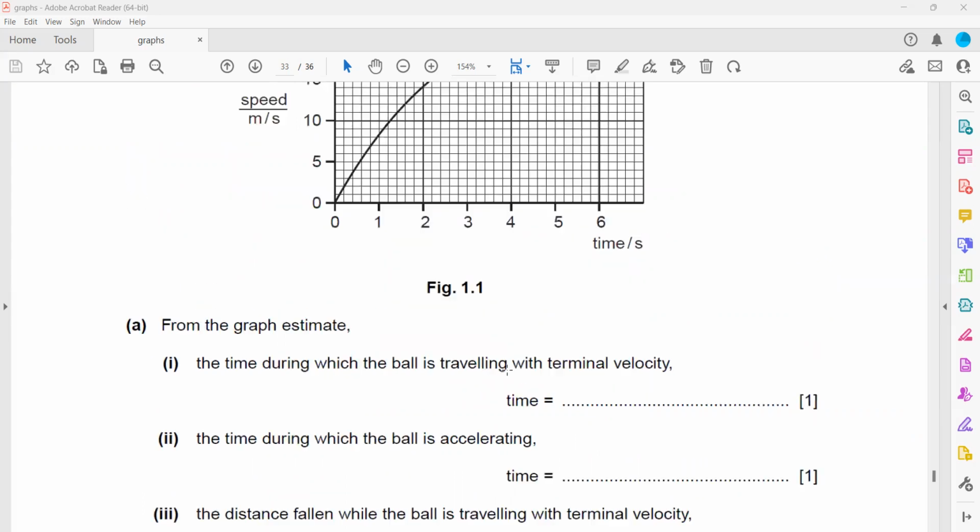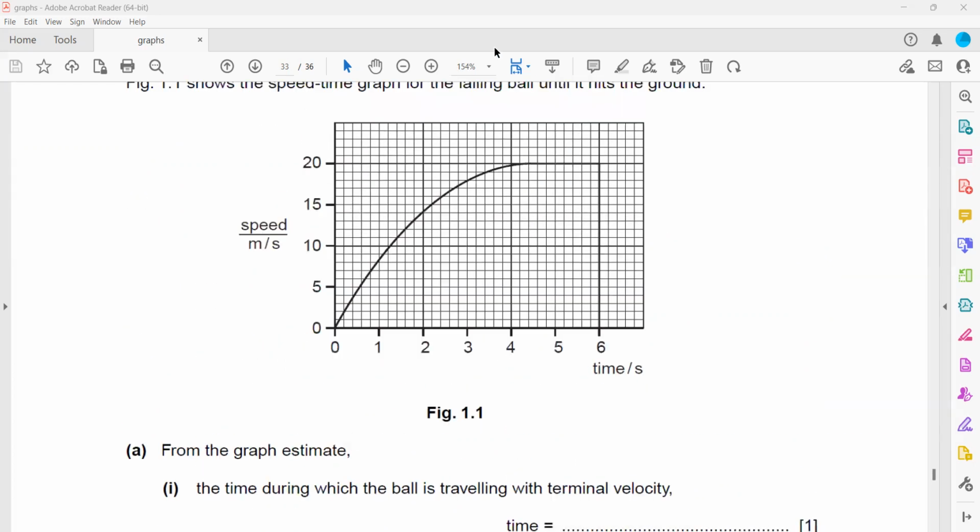Distance fallen while traveling at a terminal speed. So we need this distance. It is making a rectangle, so base into height, starting from 4.1 and ending at 6. This is 1.9 and 20.